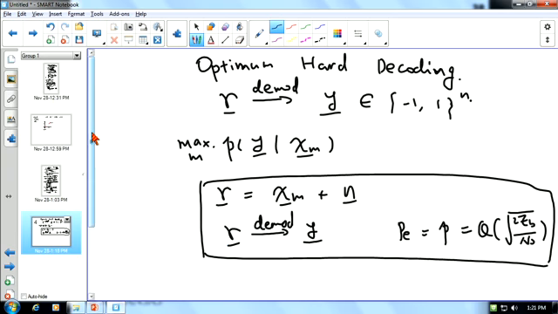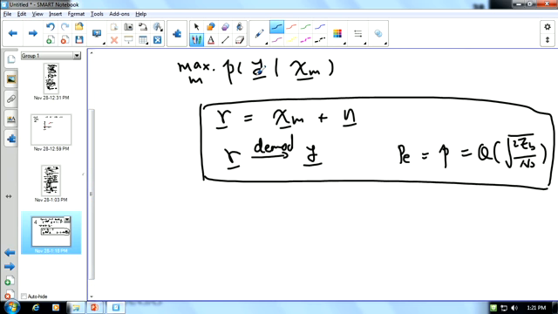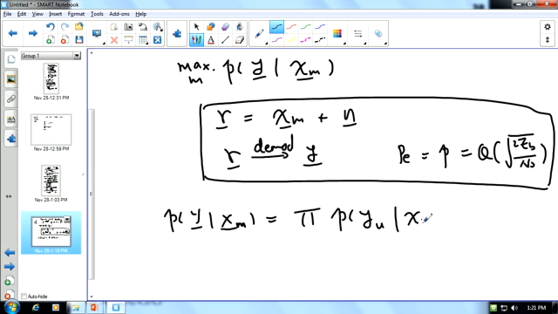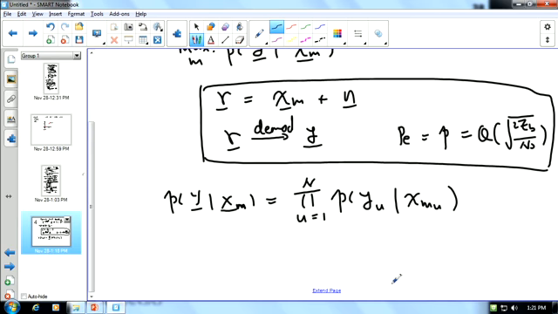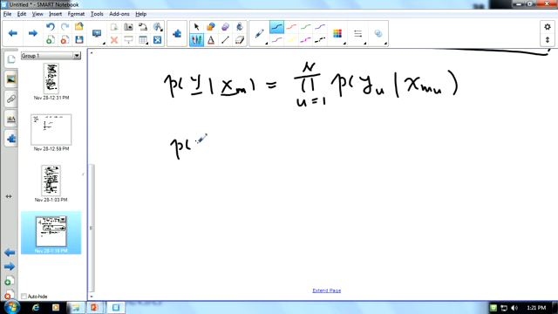So next we can use this information to find out this likelihood function. So keep in mind this y here are 1 or negative 1s. These xm here are also 1 and negative 1s. Okay? So again, p(y|xm), and they are affected by independent noise. So again, we can write them as the product of p(yu|xmu), u is from 1 to n. Okay? So what is p(yu|xmu)?